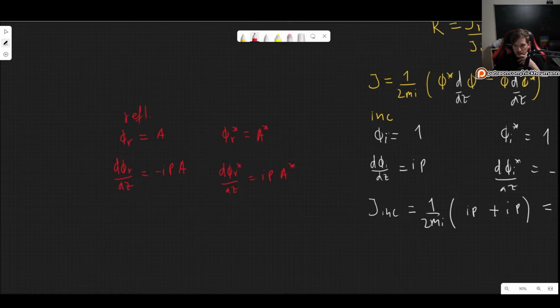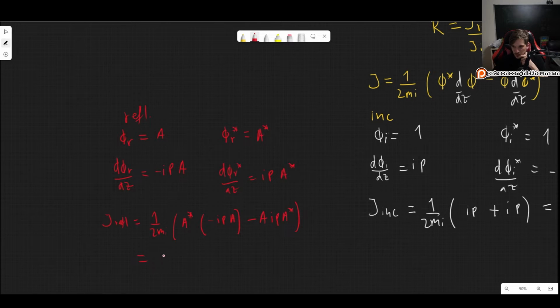So we get that j reflected will be 1 over 2mi times phi conjugate here, so a conjugate, times the derivative with respect to z, so minus ipa, minus phi, which is a, times this other derivative, so ipa conjugate. So here the i's cancel out, and we have the exact same thing twice.